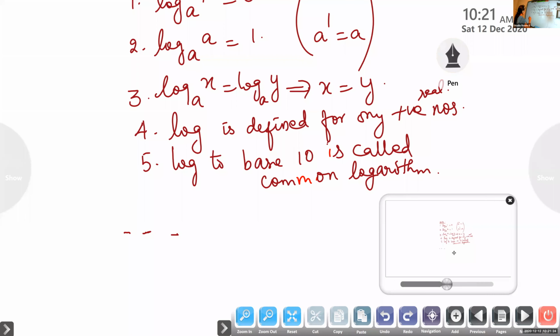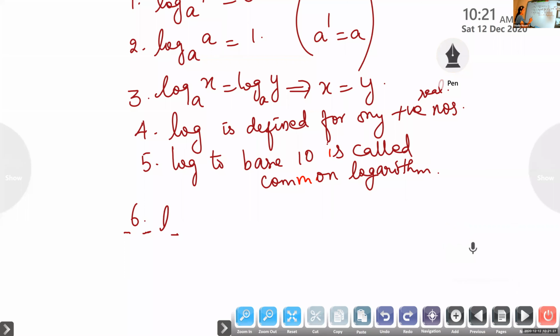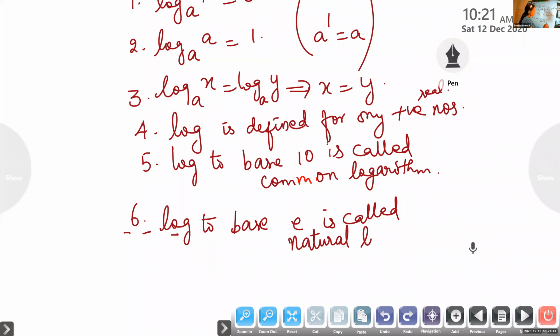So 1 mark questions and all will be asked from here. Log to the base e is called natural logarithm.